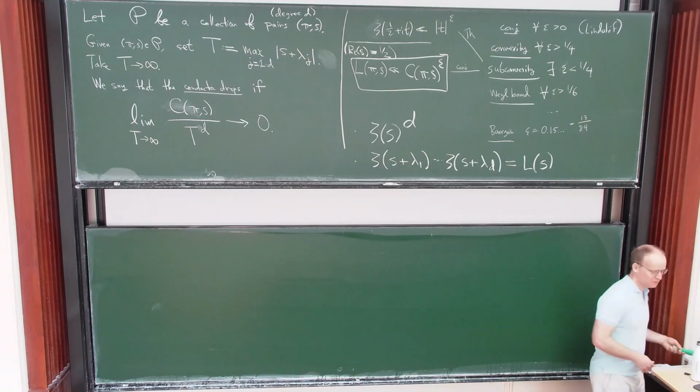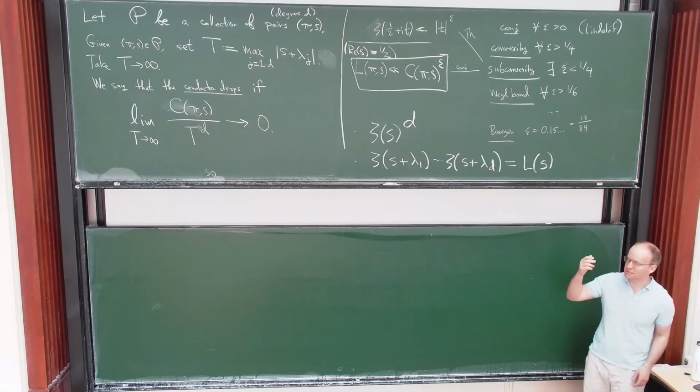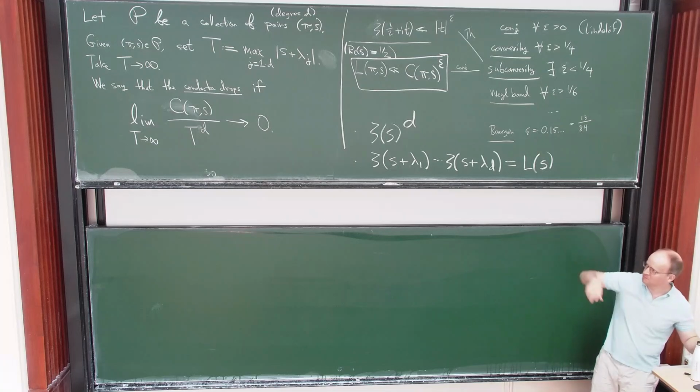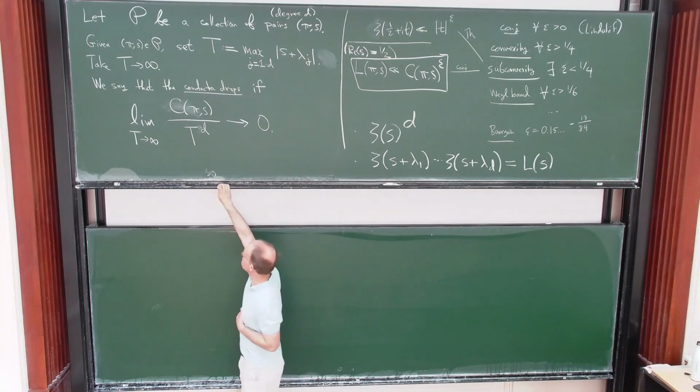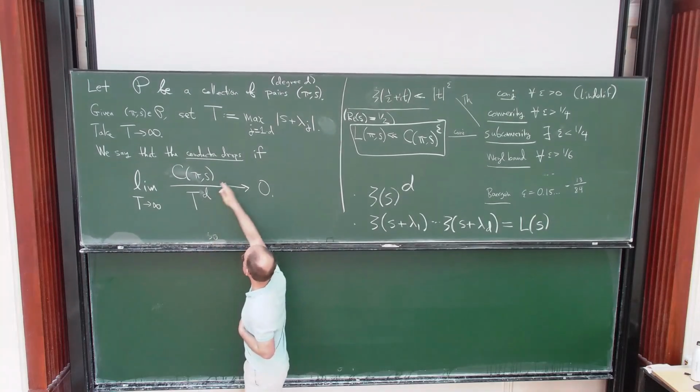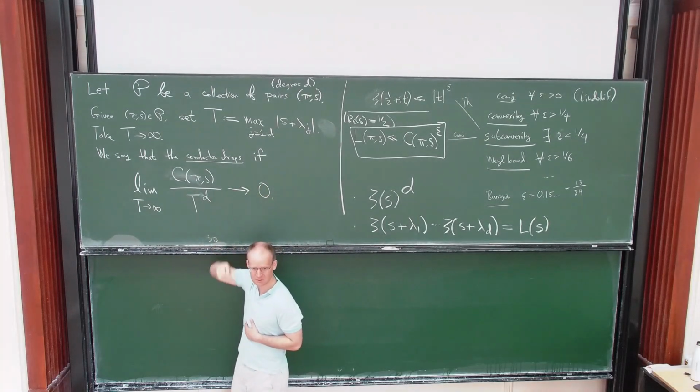Okay, so we've now defined subconvexity. We've said what it means for the conductor to drop. It means that the conductor is much smaller than it could be just based on the largest size of the parameters.